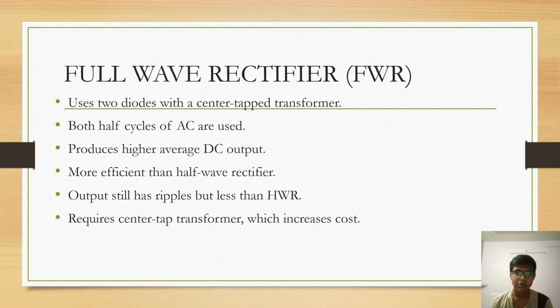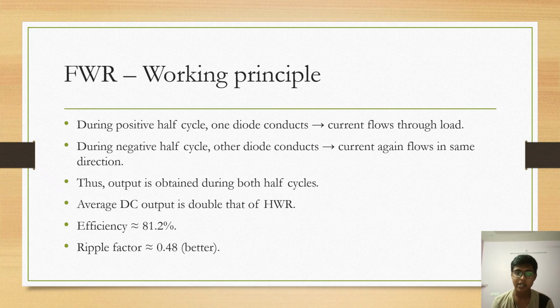It requires a center tap transformer, which increases cost. Because it gives two half cycles at a time, it is called a full wave rectifier. The disadvantage is that its cost increases.